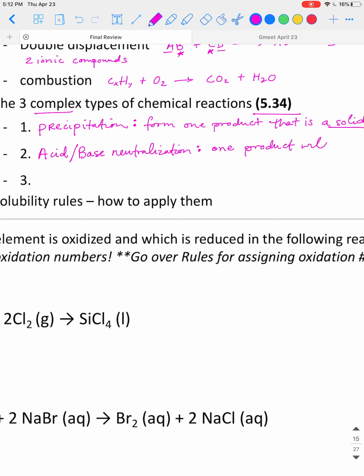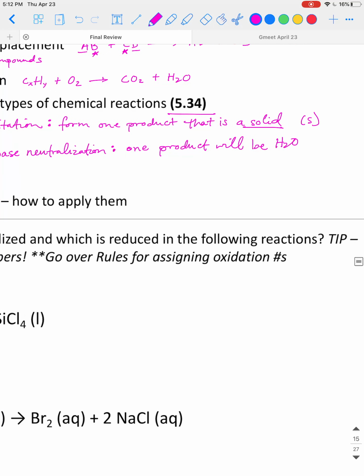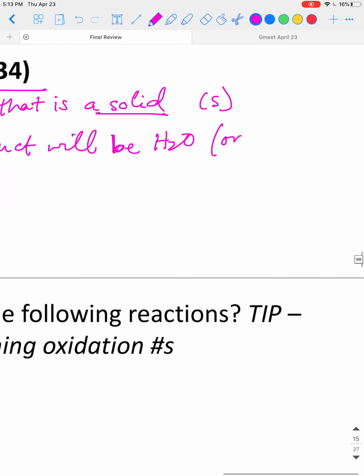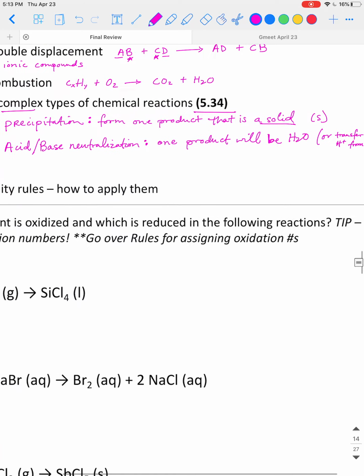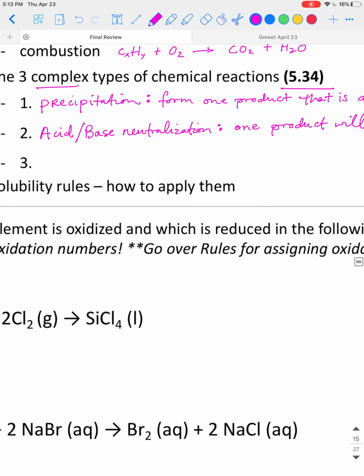But for the sake of chapter 5, we said that one product will be water. But now that you know all of chapter 10, if you see the transfer of H plus from the acid to the base, if you track that, you know it's an acid-base reaction.